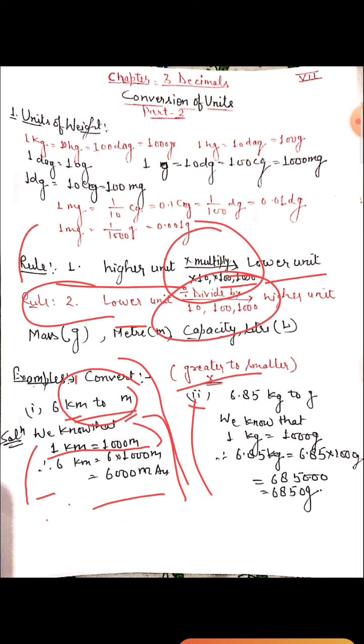Same as here, 6.85 kilogram to gram. What is given? We know that 1 kg is equal to 1000 gram, therefore 6.85 kg is equal to 6.85 multiplied by 1000. After multiplication you get 685,000.